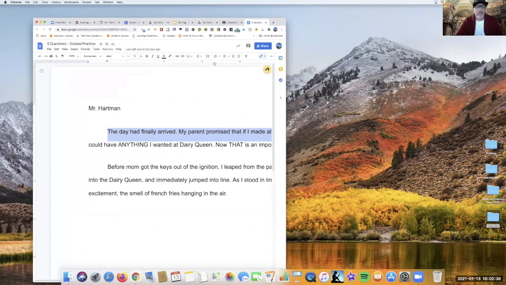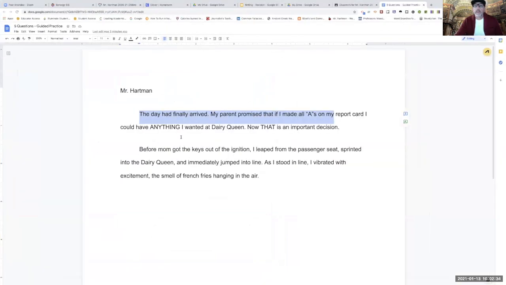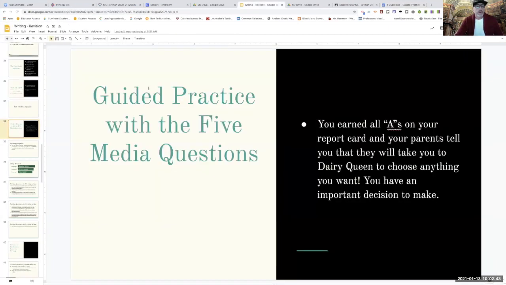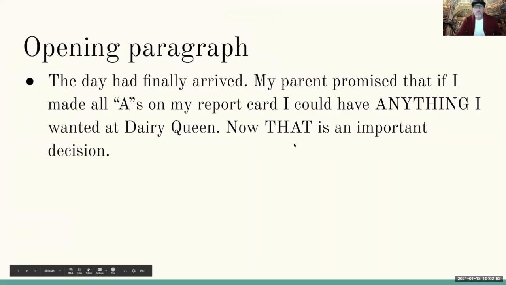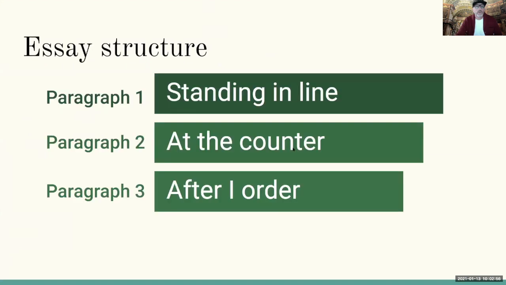So we should have the opening paragraph, and we did the first paragraph on our own. So we are going to pick things up with the second paragraph. So this was the prompt, the opening paragraph, which we just reviewed.